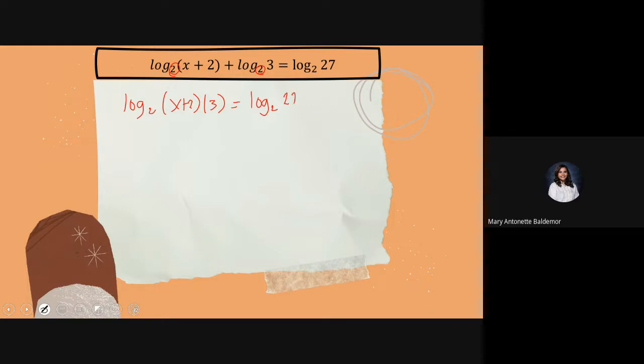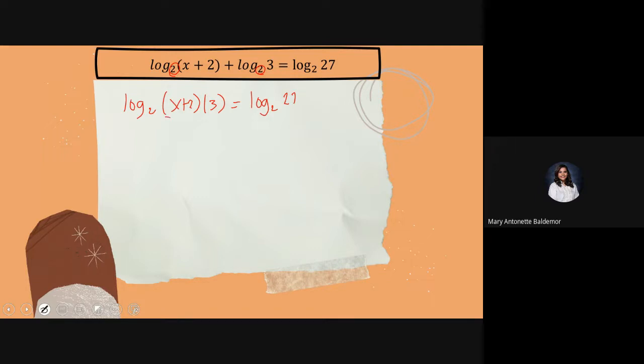Let me repeat again. Since this is addition, using the laws and properties of logarithm, we are going to apply multiplication. Since they have the same base, we can rewrite this as the logarithm of x plus 2 times 3 with base 2 equals the logarithm of 27 with base 2.